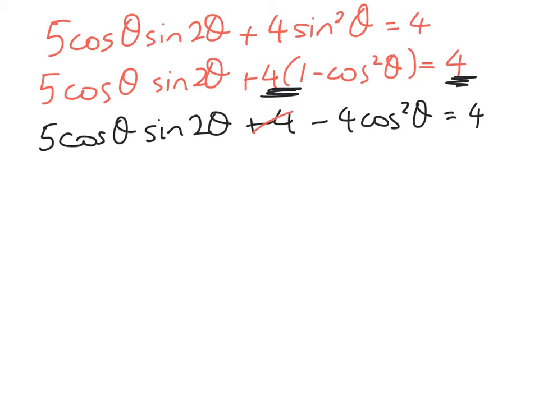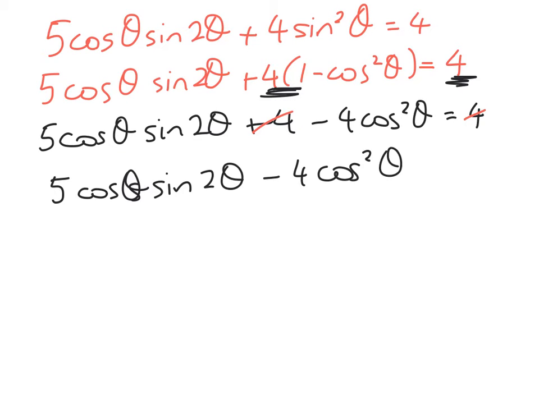So I can subtract these from each side, leaving me with 5 cos theta sine 2 theta minus 4 cos squared theta equals 0. And suddenly I've got a really quite straightforward factorisation problem. I've got a common factor here of cos theta.